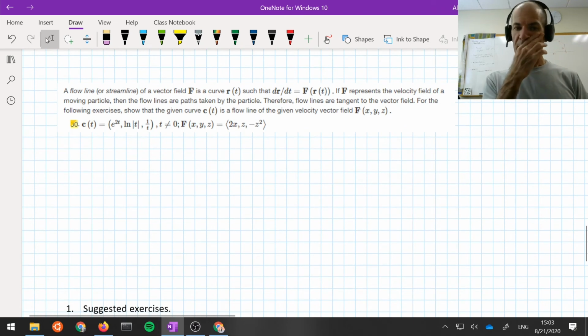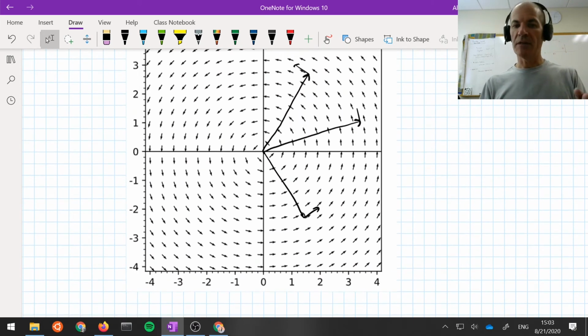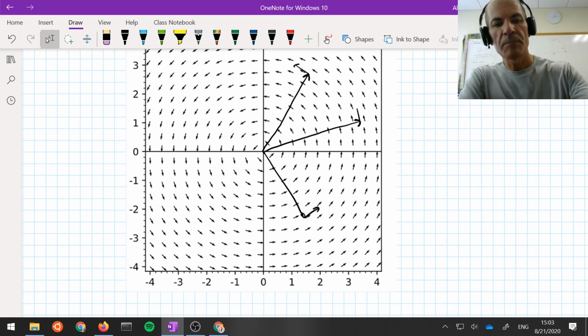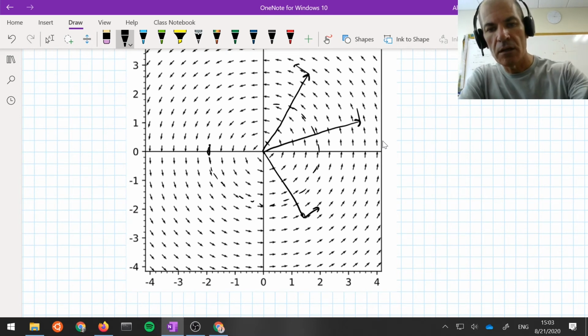Okay, the last topic is something called a flow line. And this is a very intuitive but also mathematically rigorous kind of thing. Let's imagine this were some kind of whirlpool, and if I had a particle here and sent it off in this direction, what would happen to it? It would flow around in this direction.